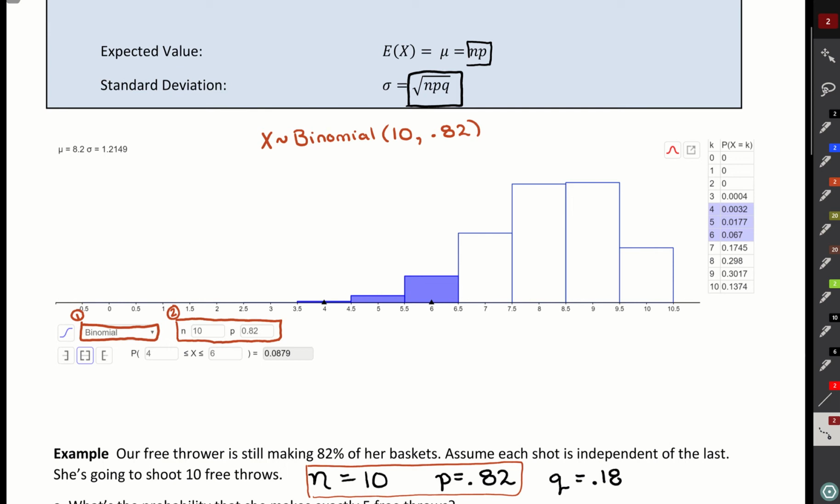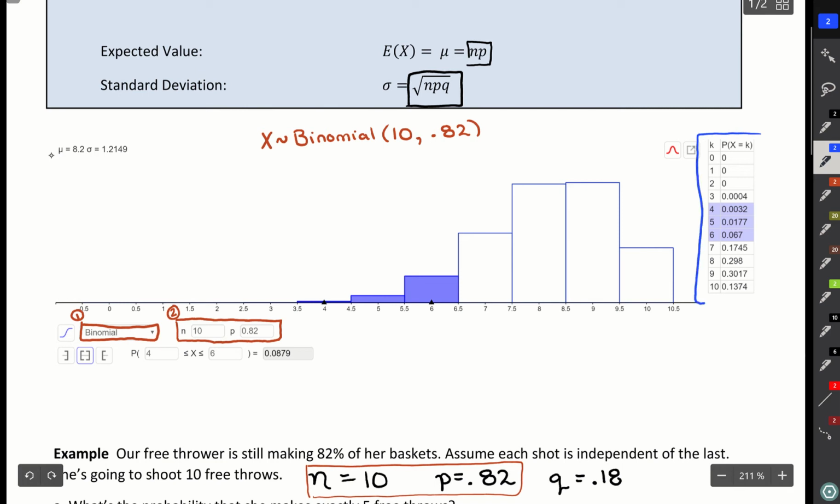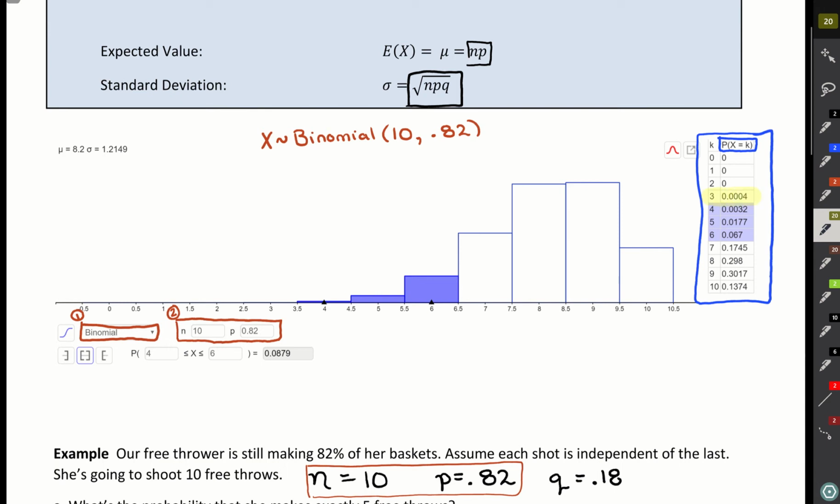Then there are these different sections. On this right-hand side, this is listing the specific probabilities for each event. This notation here shows the probability of, and then substituting in numbers for K. So like the probability of making 3 baskets, there's a 0.04% chance of her making exactly 3 baskets.